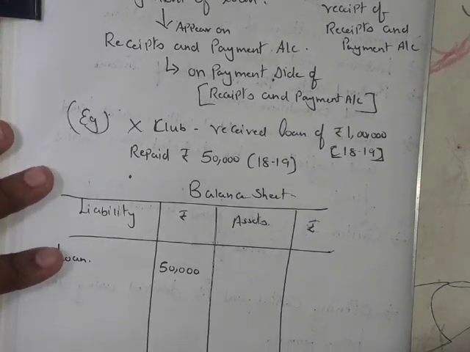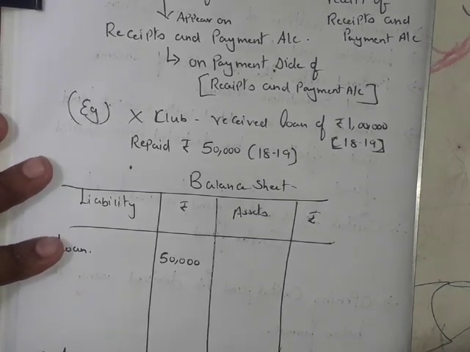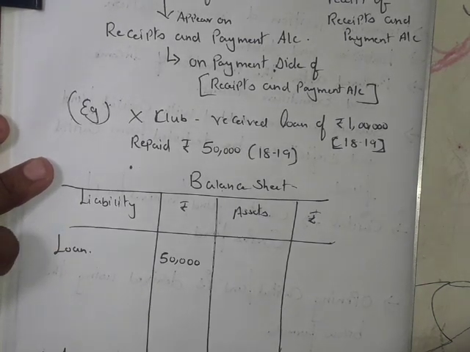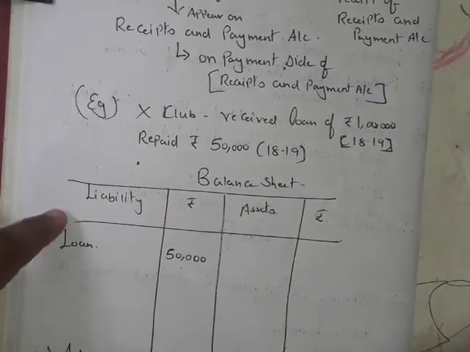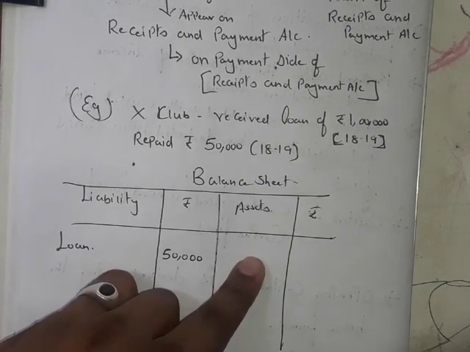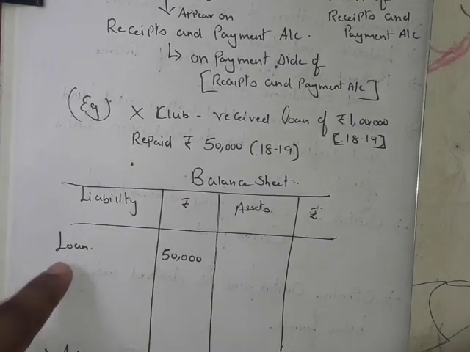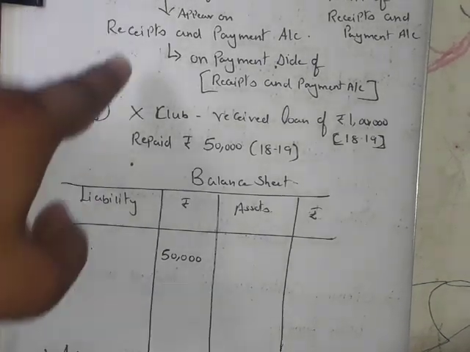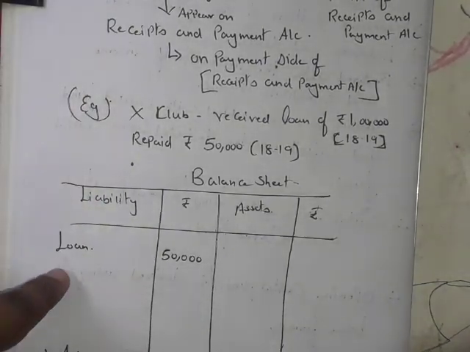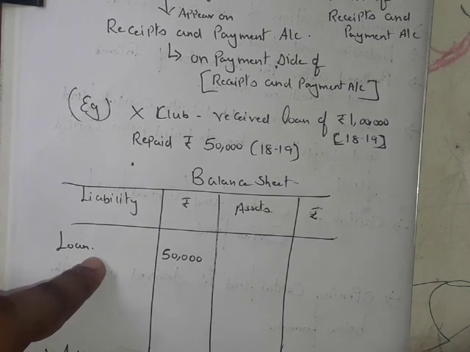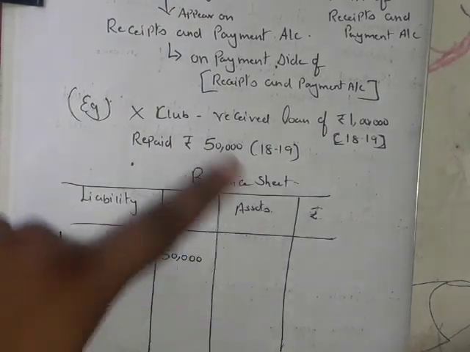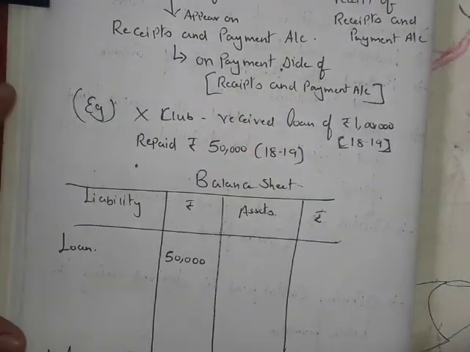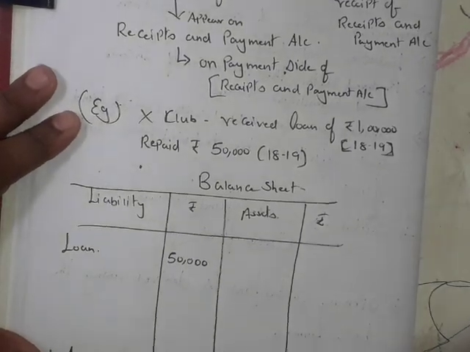Now, at year end, that is on 31st of March 2019, the NPO has to prepare its balance sheet. This will be the format of your balance sheet, having liabilities on the left side and assets on the right-hand side. On your liability side, you will document this loan. When you document the loan, it should not appear at the full value, that is 1 lakh. You should eliminate the repaid value of 50,000 and show only the current existing value, which is 50,000.